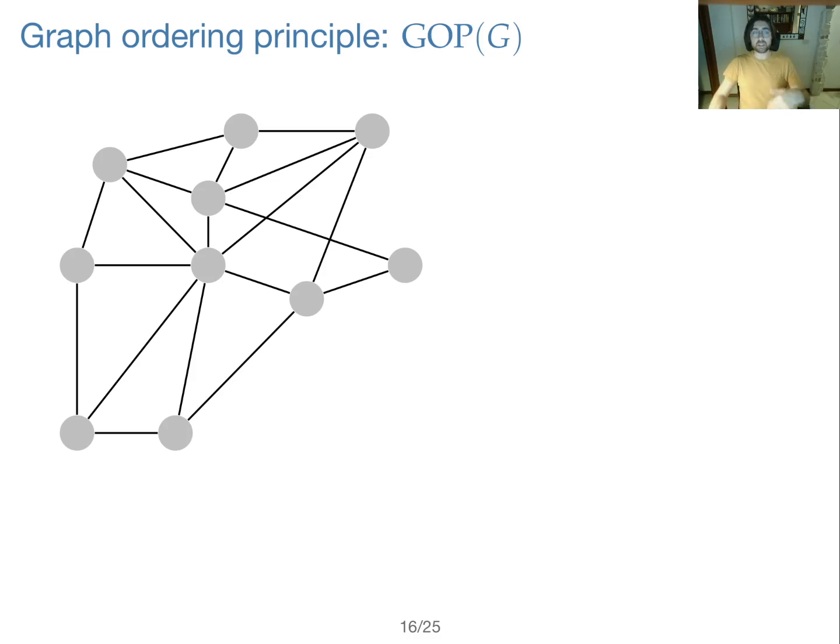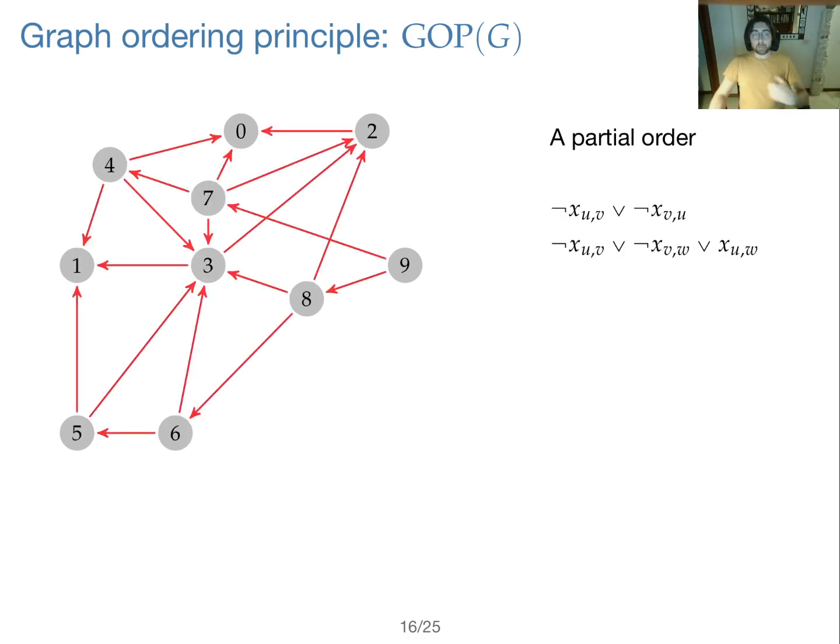formula, and it claims that it's possible to give a partial order to all the vertices in the graph. See, for every pair of vertices, not just for the vertices with an edge, but for all pairs of vertices, so even 2 and 9, we have a variable xuv, for example x92 or x29 or x81 and so on and so forth.